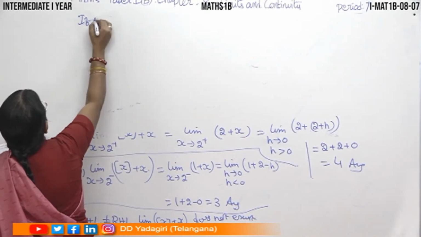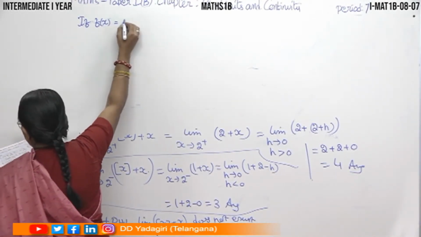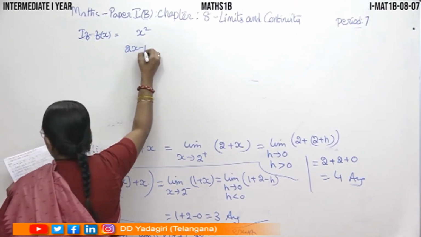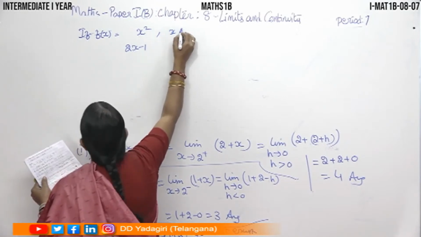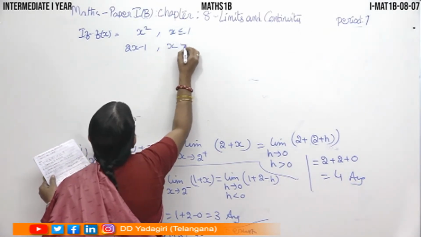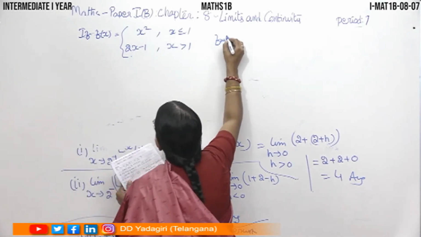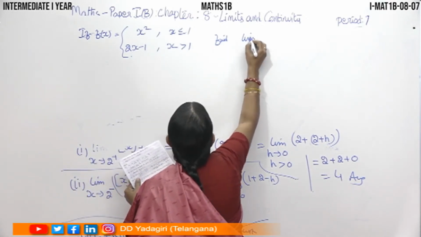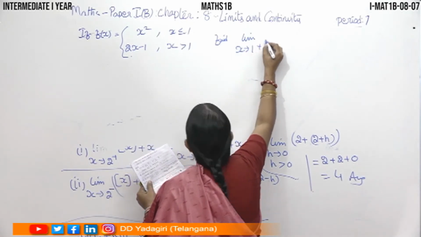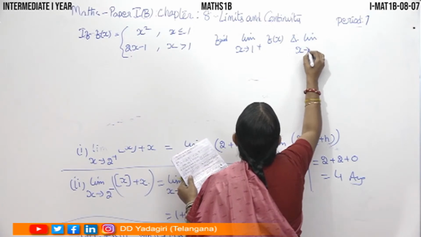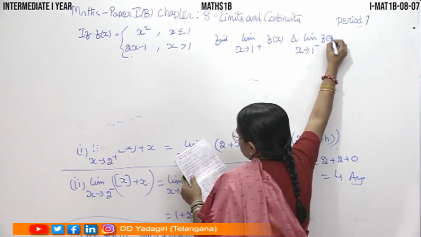If f of x is equal to x square when x is less than or equal to 1, and 2x minus 1 when x is greater than 1, find limit x tending to 1 plus of f of x and limit x tending to 1 minus of f of x.